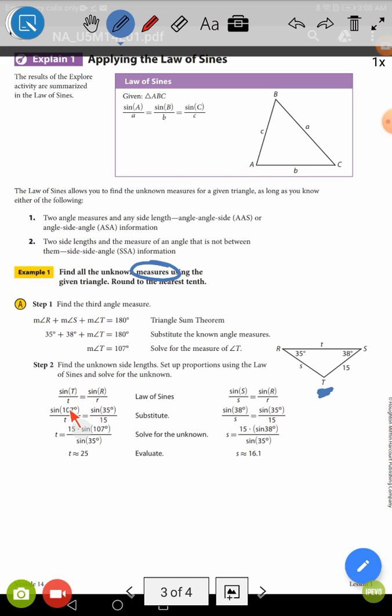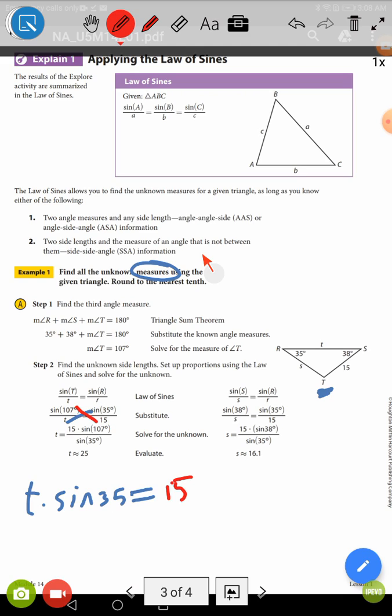Then replace T's angle with 107, which we wrote here. Then cross. T multiplied by sine 35 equals 15 multiplied by sine 107.